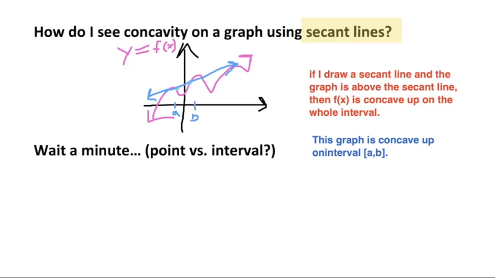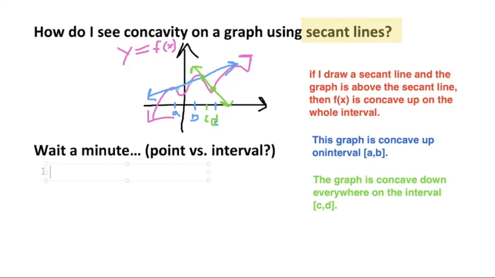Now, if I draw another point here called C, the graph is below the secant line everywhere on the interval CD, so it is concave down there. And this is weird because we're thinking about concave up and concave down at a single point being defined by the tangent line, and concave up and concave down on an interval being defined by the secant lines.